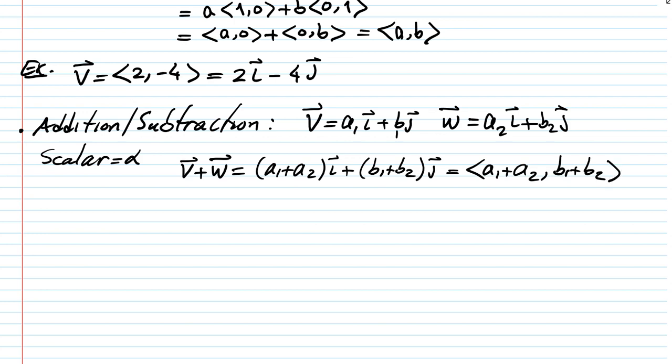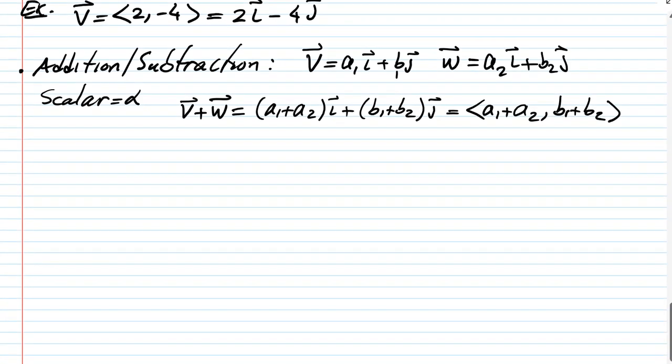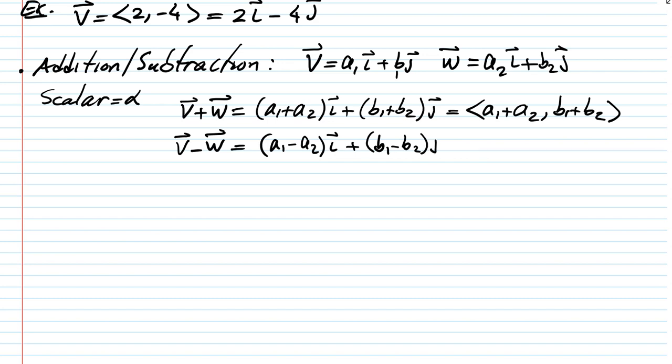This is personally my favorite form, the last one. The ij form sometimes takes a little longer to write when you have too many manipulations. The difference, v minus w, is going to be a1 minus a2 in the i direction, and then you subtract b's in the j direction, and that will make it ⟨a1 minus a2, b1 minus b2⟩.